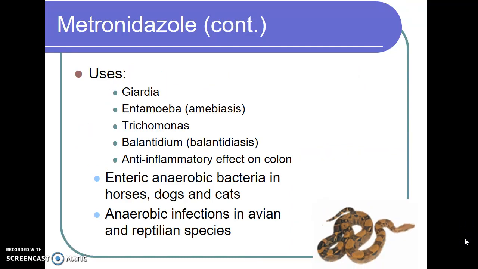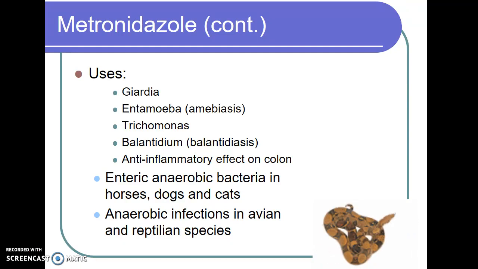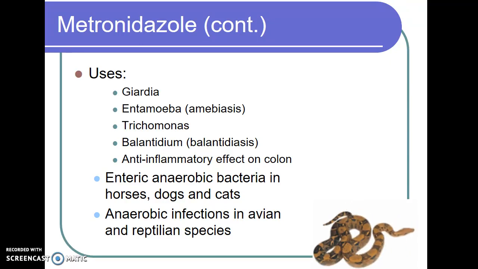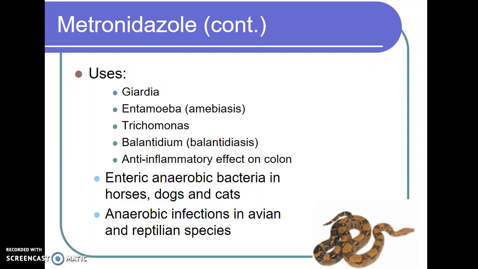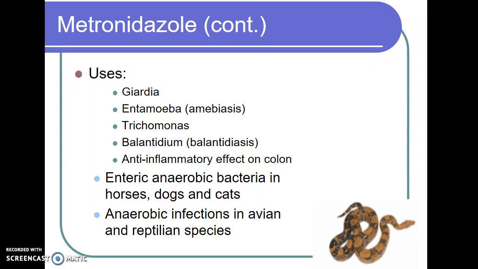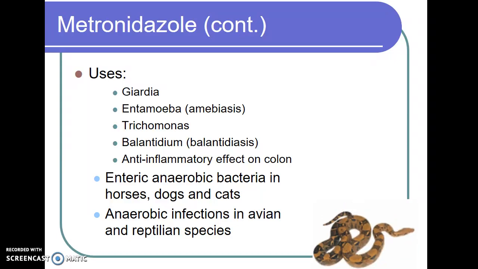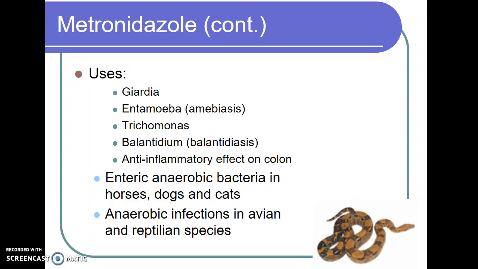So what we use it for, aside from Giardia, are a couple of other anaerobic types of infections. So entamoeba, trichomonas, balantidium, all of these are anaerobic organisms or occur in anaerobic conditions. Metronidazole also tends to have an anti-inflammatory effect on the colon in particular.